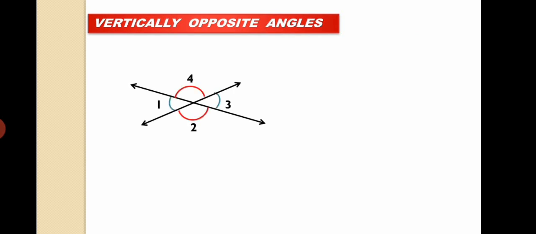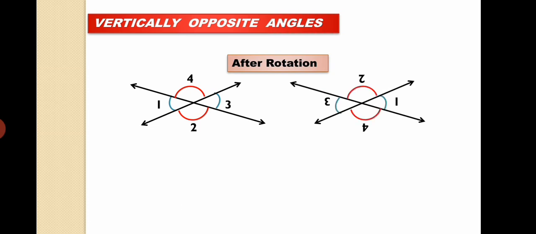Let's see what is vertically opposite angles. Students, if two lines intersect each other at one point, in that case, four angles are formed. Angle 1, angle 2, angle 3 and angle 4. After rotation, what we will get? You can see here, after rotation, we will get in place of angle 1, angle 3, in place of angle 2, angle 4.